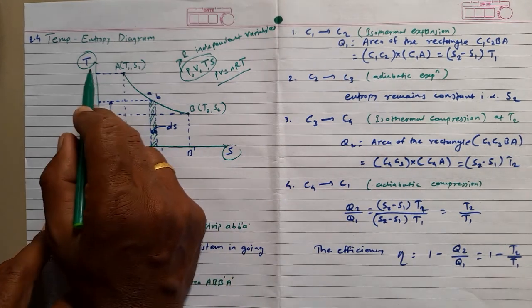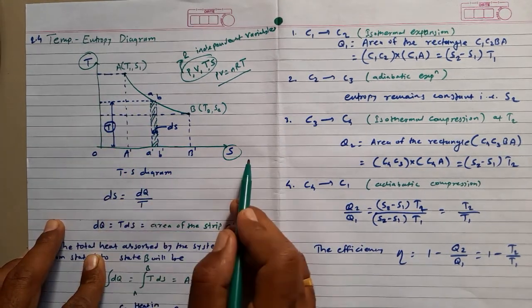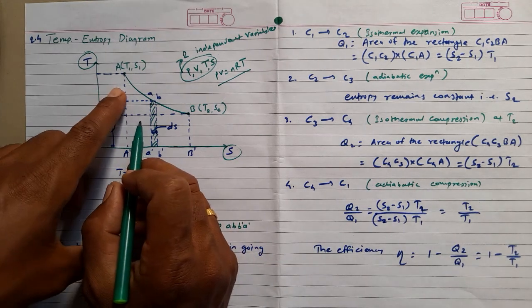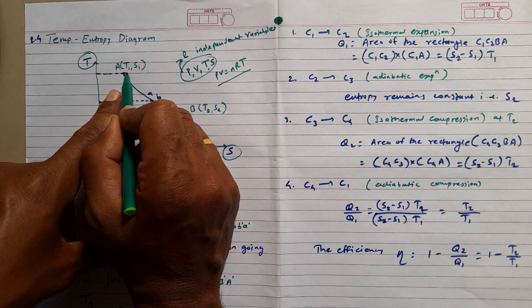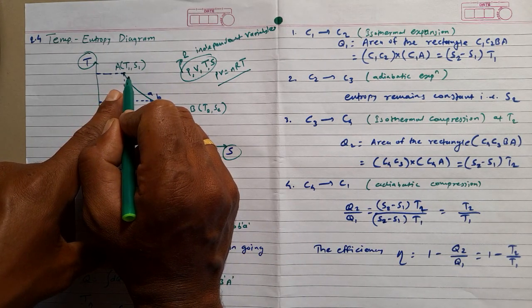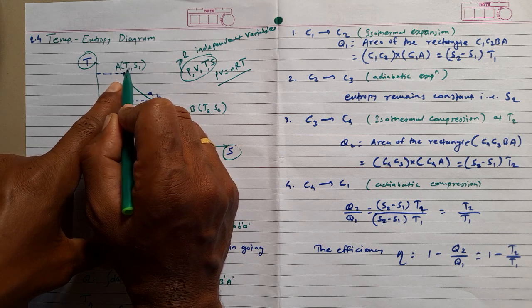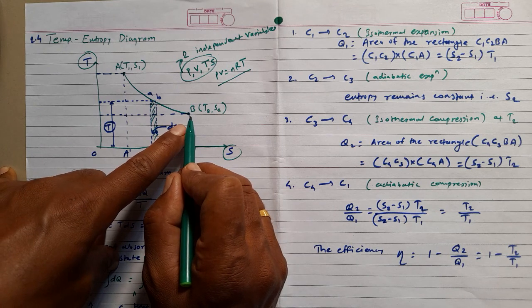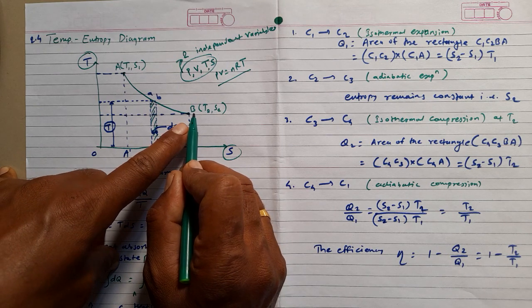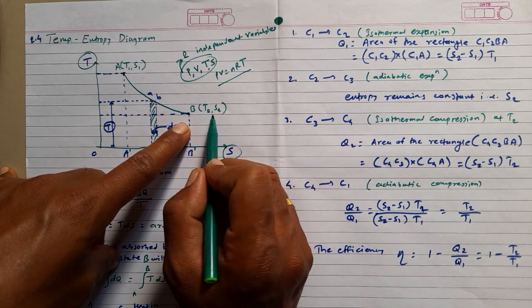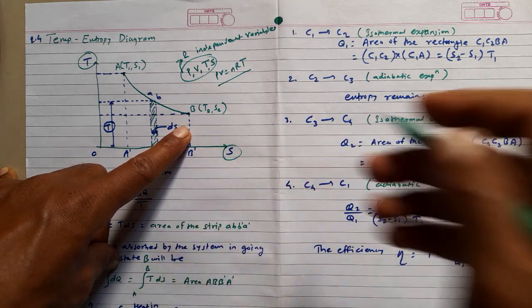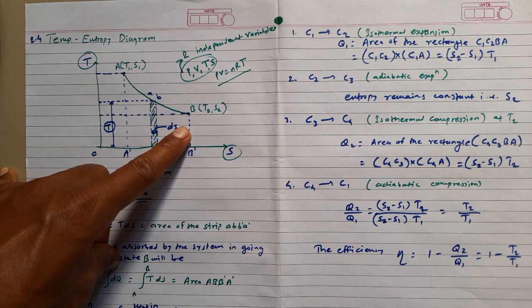So T is on the vertical axis and S is on the horizontal axis. As we can see on this diagram, the point A represents the state with entropy S1 and temperature T1, and similarly another state of the system is point B, represented by temperature T2 and the corresponding entropy S2.